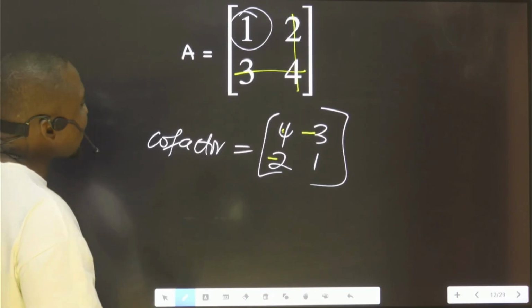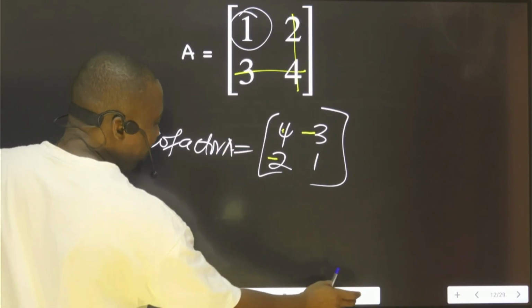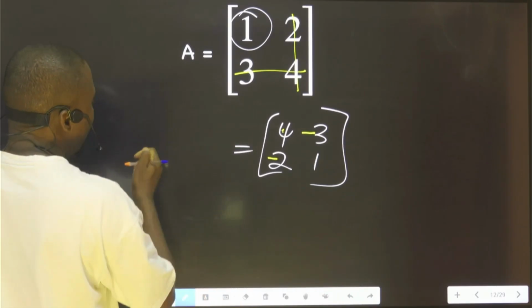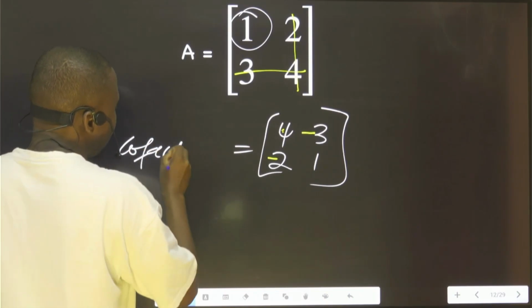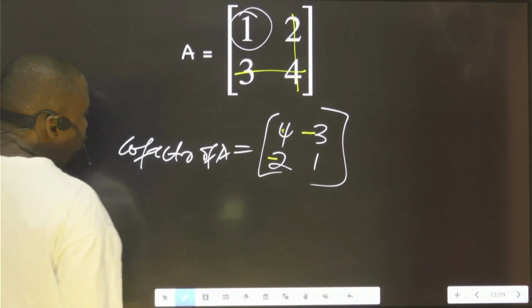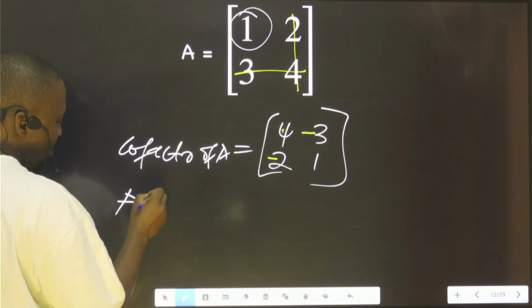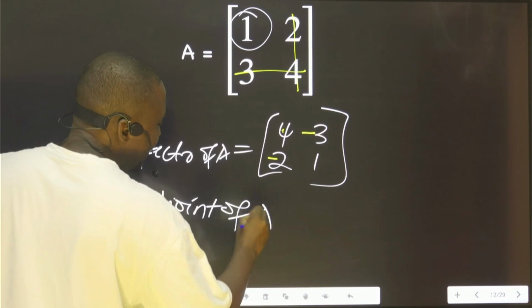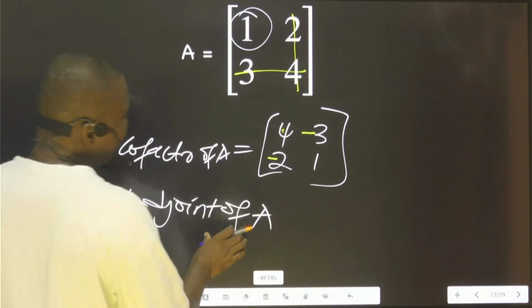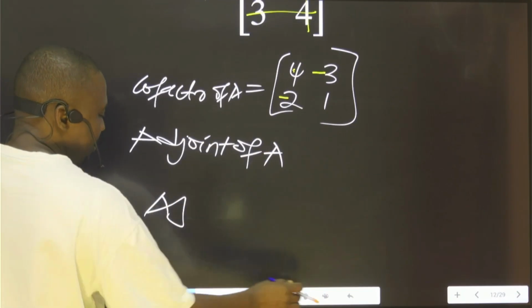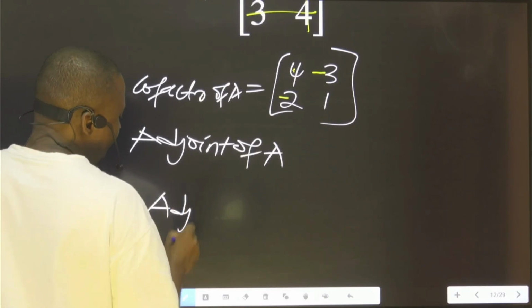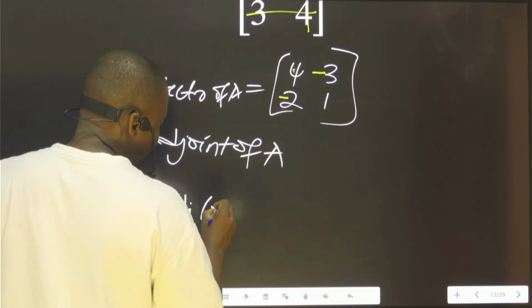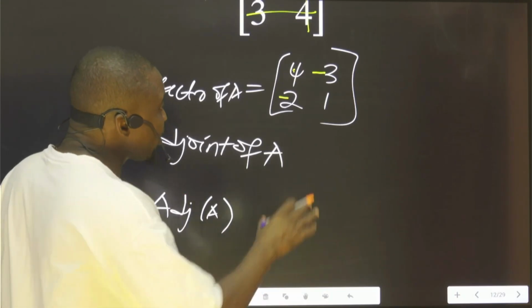After that, to get the adjoint of A, so this is the cofactor of A. To get the adjoint of A, all you need to do is to transpose this.